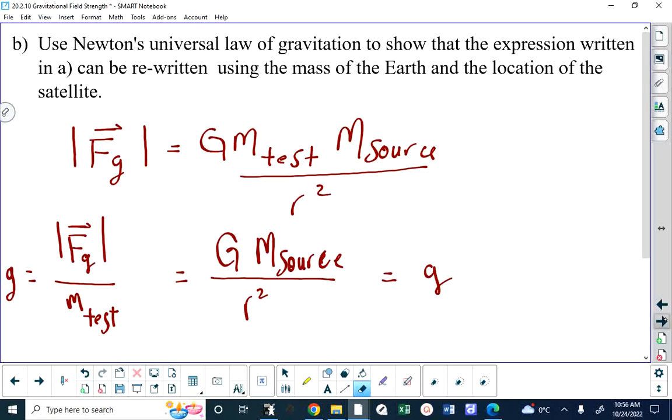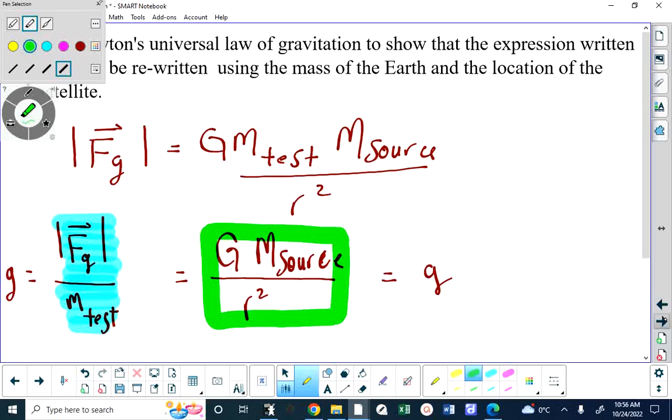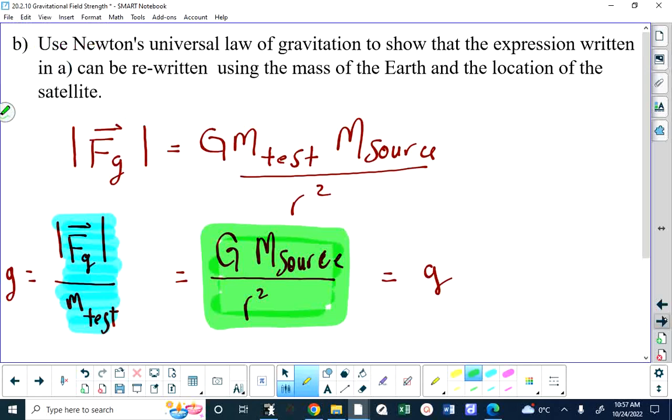If putting a random test mass in a gravitational field and measuring the gravitational force allows you to calculate the gravitational field, but that happens to be equal to G times m of the source over r squared, then this is a way to calculate the gravitational field as well. And what I've highlighted in green contains the things that should determine the strength of the field.